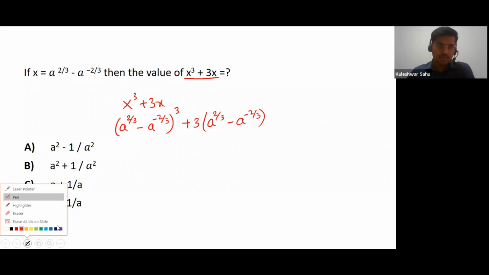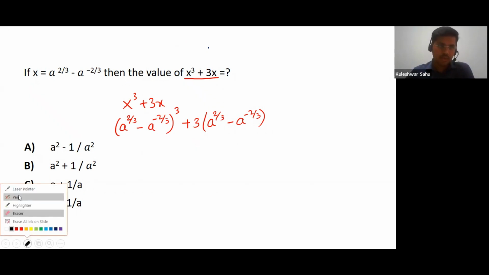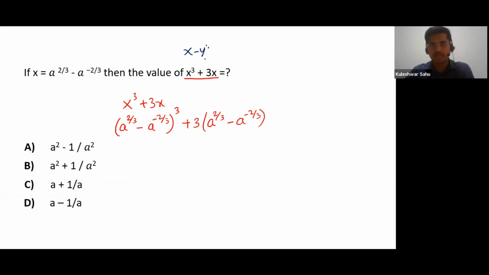We know the formula of a minus b whole cube, or I can write it in the form of x and y: x minus y whole cube is equal to x cube minus y cube minus 3xy times x minus y. We'll put the same formula over here.